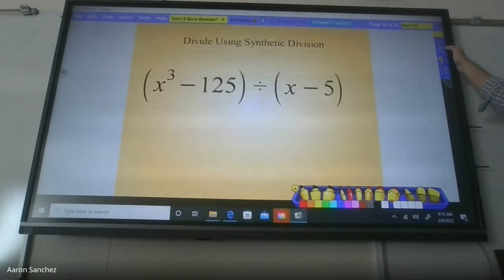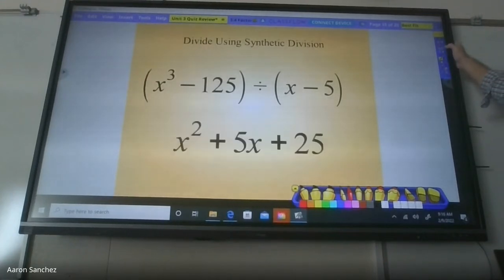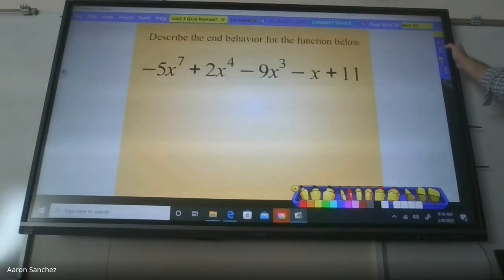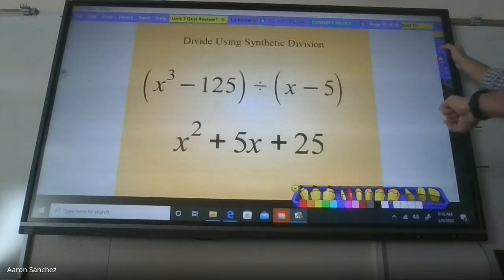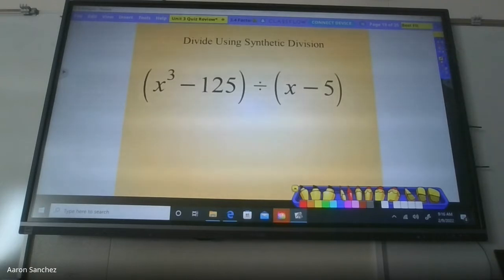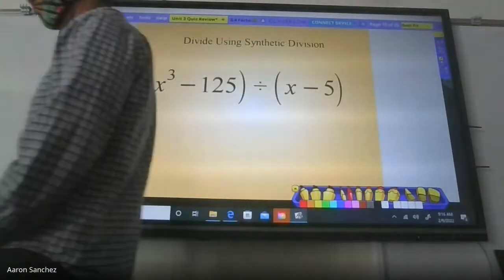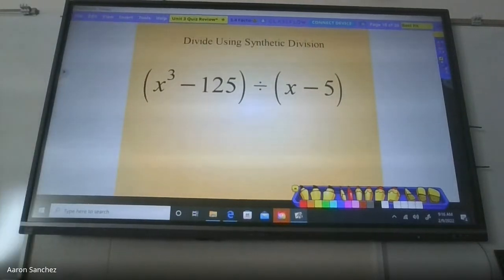Should I do this one using synthetic division? Go ahead and do this one, synthetic division. I think this is the last one. Oh, the end behavior. We're doing on time. Yeah, we got time. What's wrong with this one?